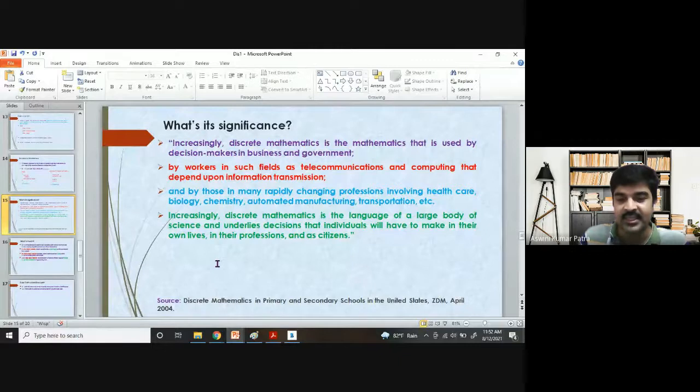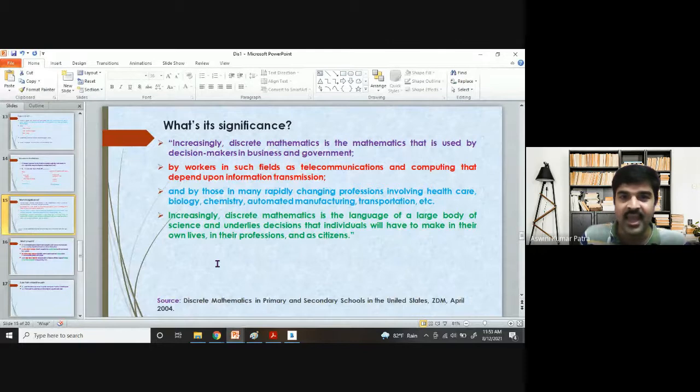So by infusing discrete mathematical ideas into our children, high school students, we are really grooming them to take right decisions. They must have problem solving skills, whatever walk of life they are in, in their own lives, in their professions, as citizens, as responsible social members, and so on.